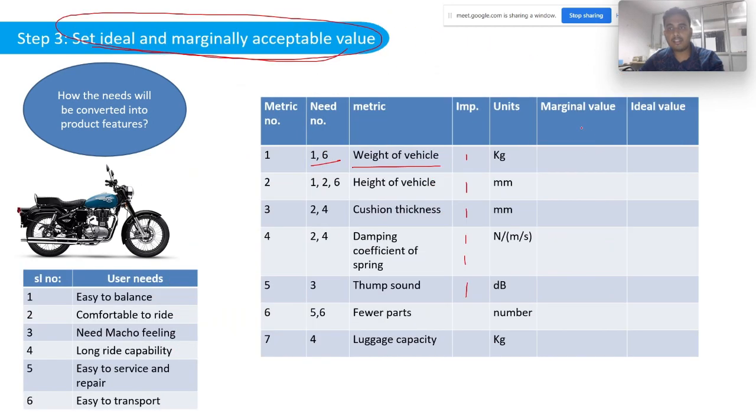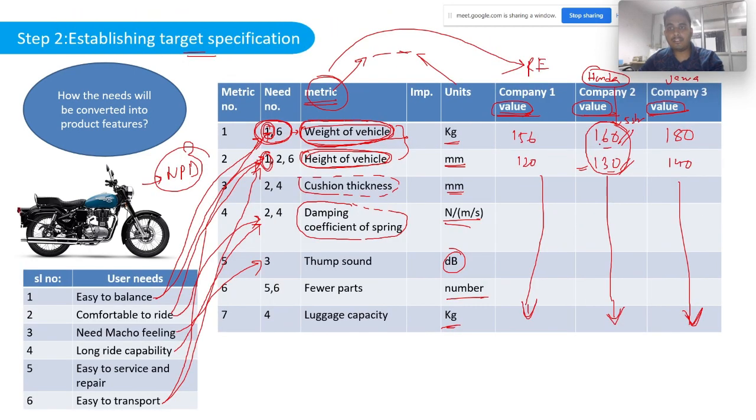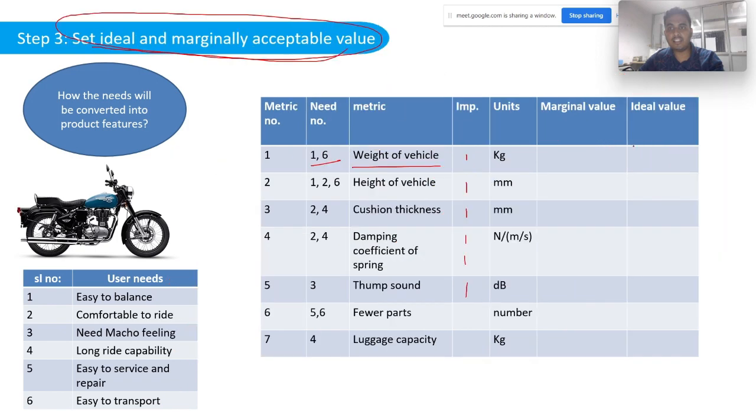That means we should be getting a value of something like 160. So the ideal value is 160, and 130 is your height, because the 5 star is Honda.